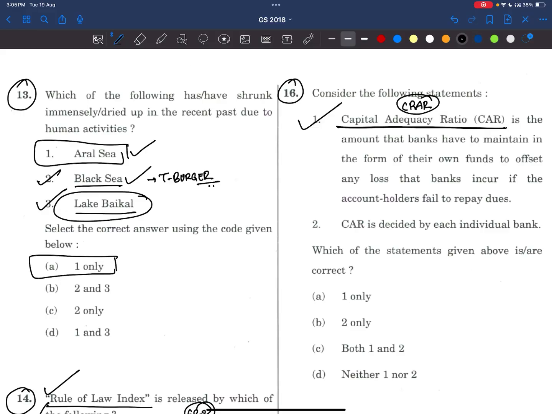Adequate cash. Now, it says CAR is decided by each individual bank. Here, we are saying that a bank should maintain some limit, some amount, to tackle bank failures, to maintain stability, to protect the depositors. Then it says it is regulated by each bank. How can a bank regulate itself?